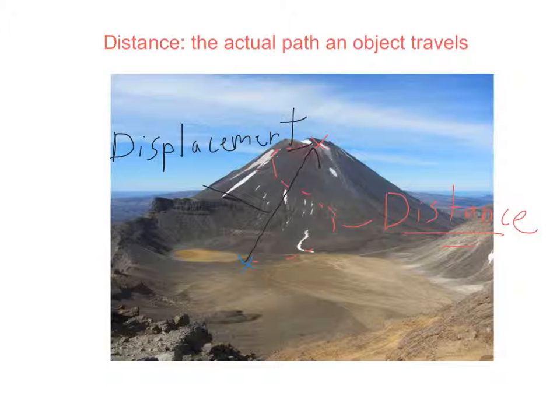We already know that displacement is the change in position for an object. Well, distance is something physically different. Distance is the actual path an object travels, accounting for every single meter of the journey. In my little diagram here, Frodo Baggins is on an intrepid journey to climb the top of Mount Doom.